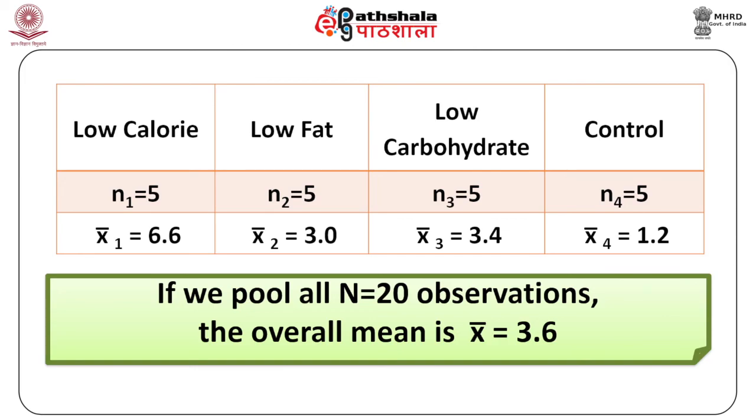For low fat, we have n2 equals 5 and x bar 2 equals 3. For low carbohydrate, we have n3 equals 5 and x bar 3 equals 3.4. For control, we have n4 equals 5 and x bar 4 equals 1.2. If we pool all n equals 20 observations, the overall mean is x bar equals 3.6.